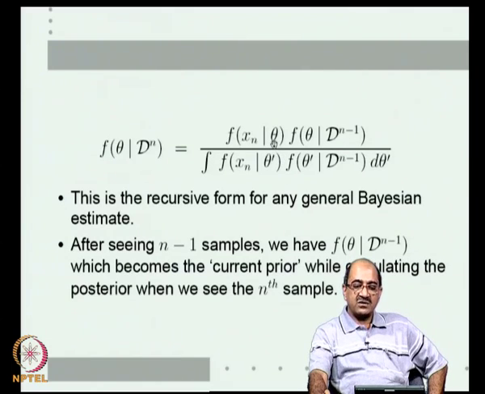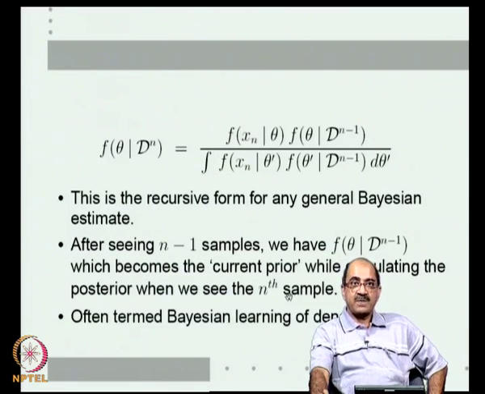Now, you give me some more evidence, I use the new evidence f of x n given theta and my current belief f theta given D n minus 1 to find my new belief f theta given D n, right. So, this is the recursive form of Bayes estimate, where f theta given D n minus 1 is essentially the current prior for estimating f theta given D n. So, after seeing n minus 1 samples, f theta given D n minus 1 is the current prior while calculating the posterior when we see the next sample.